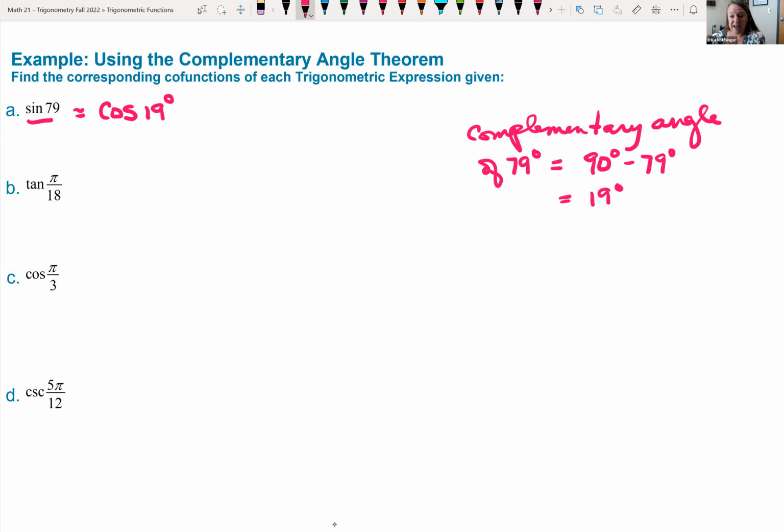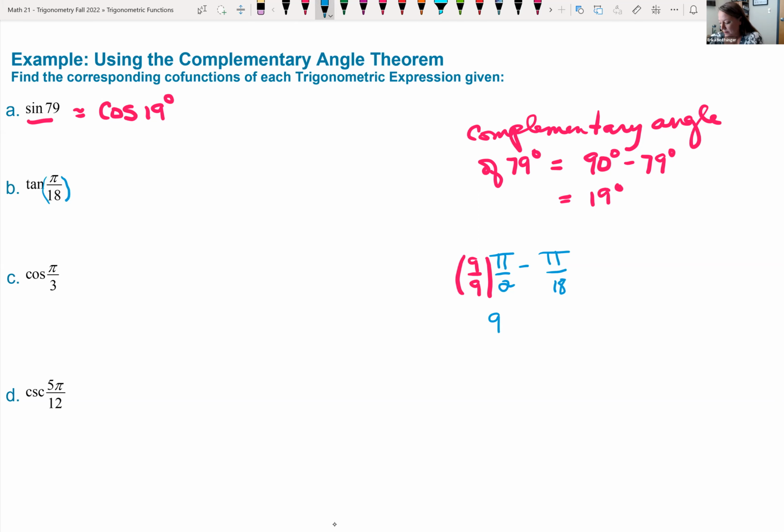So tangent of pi 18ths. We want to find the complementary angle of pi 18ths. This is in terms of radians, so I want to look at pi halves minus pi 18ths. Getting a common denominator, my common denominator would be 18. So I need to multiply pi halves by a fancy one, 9/9.